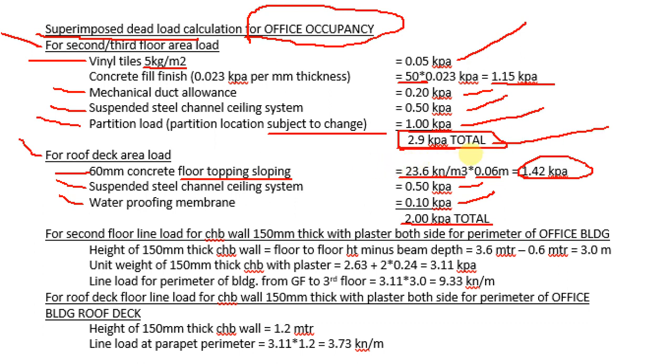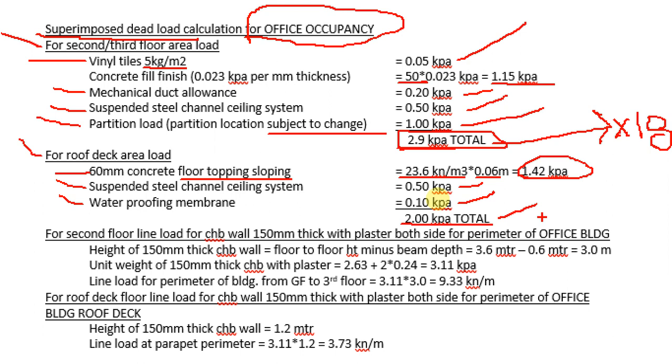So, magiging 290 kg per square meter siya. Kung imagine mo, mabigat siya. Then, sa roof deck, 2 kPa times 100, this is 200 kg per square meter. Okay? So, tapos na tayo sa superimposed dead load calculations.